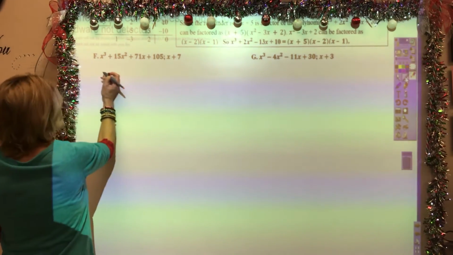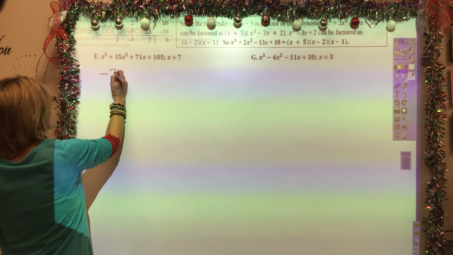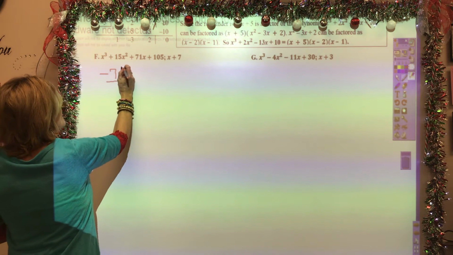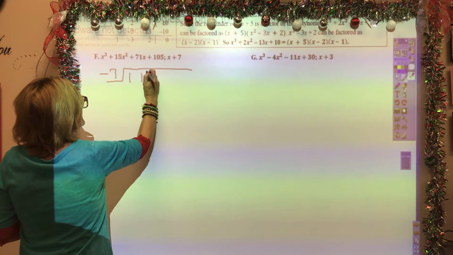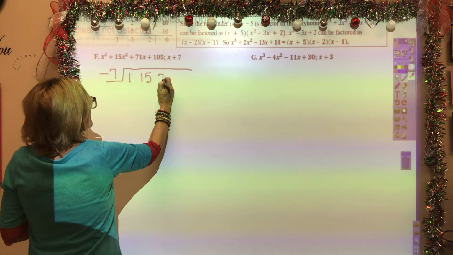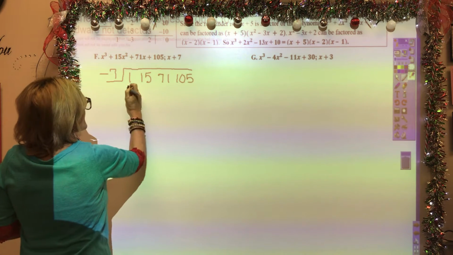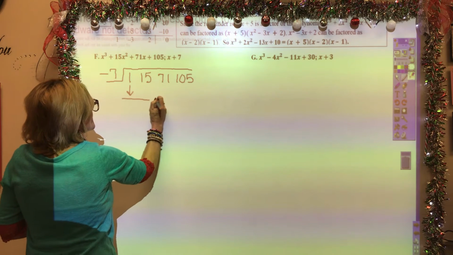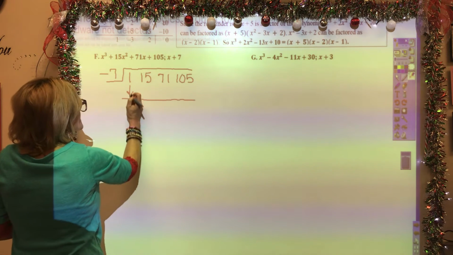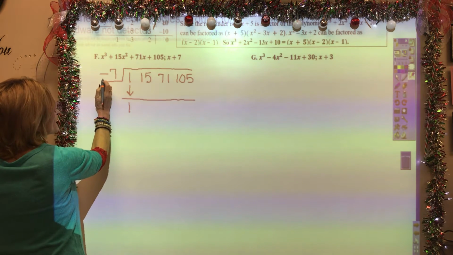Let's write out our coefficients and our a term, which was negative 7. And then we have 1, 15, 71, and 105. Draw an arrow down from the 1, then draw a line across, put the 1 under the line, and begin multiplying and adding.